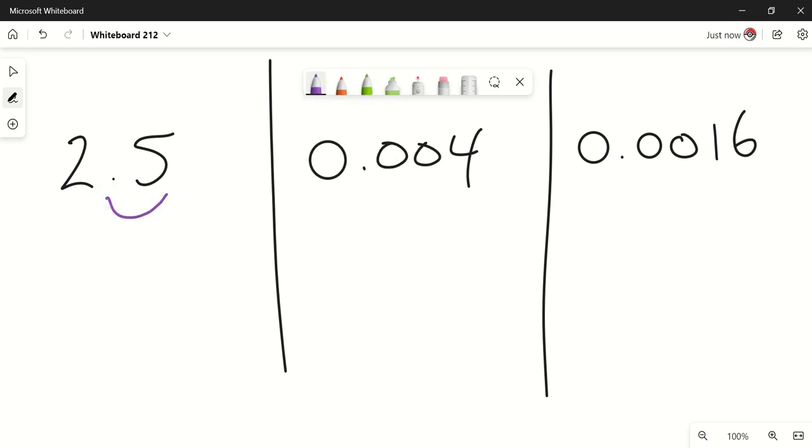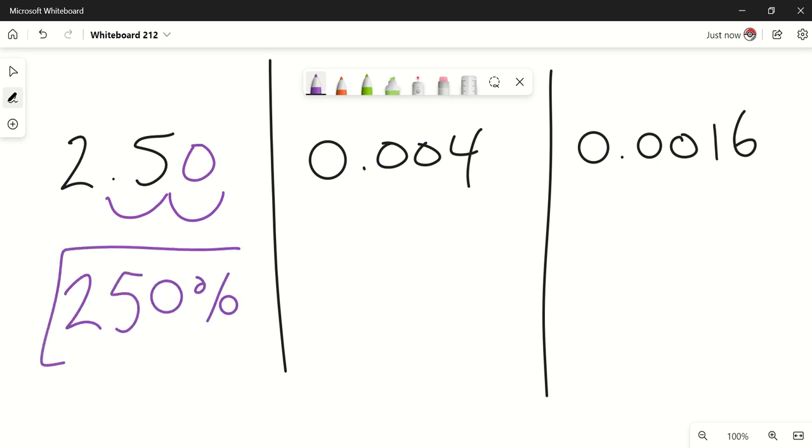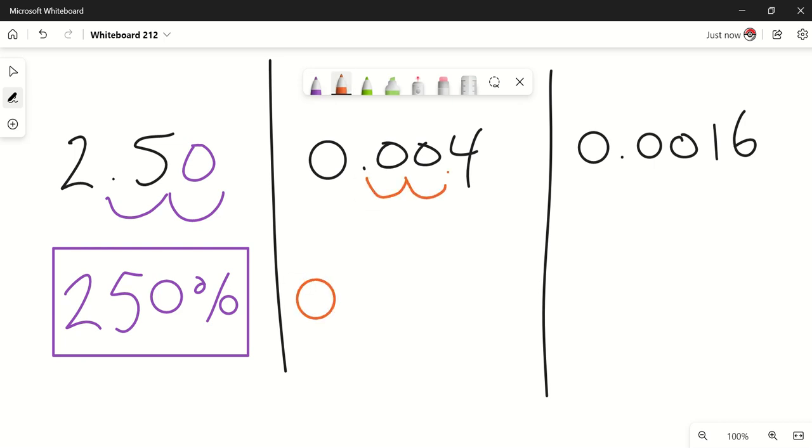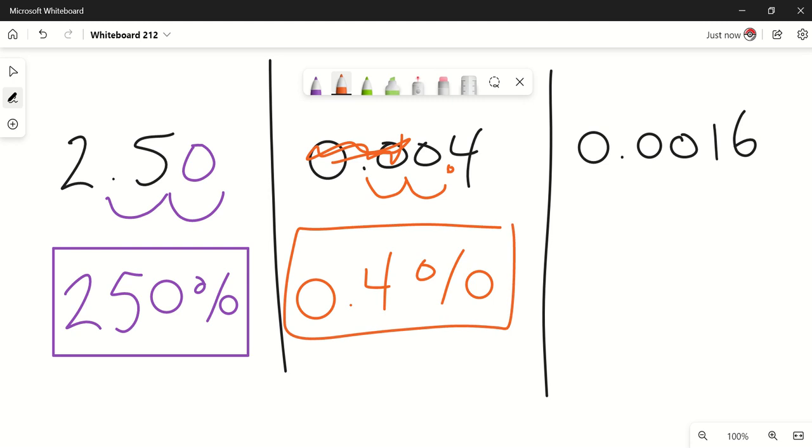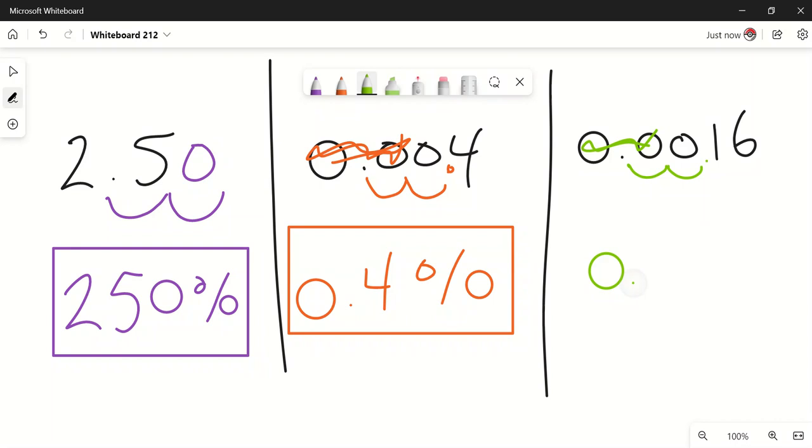This would move 1, 2, which would make this 250%. And that would be my answer. For this one, 1, 2, which would give me 0.4%. Because remember, these other zeros can fade away. So it'd be 0.4%. And with this one, 1, 2, same idea with the zeros fading away, 0.16%.